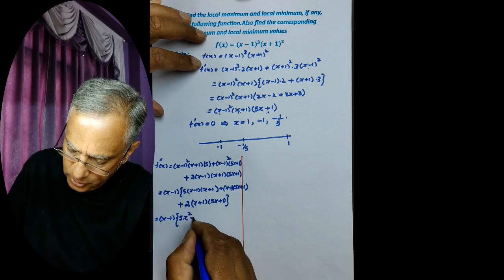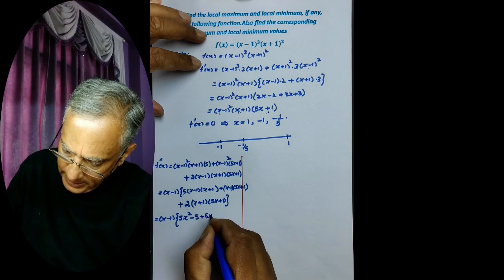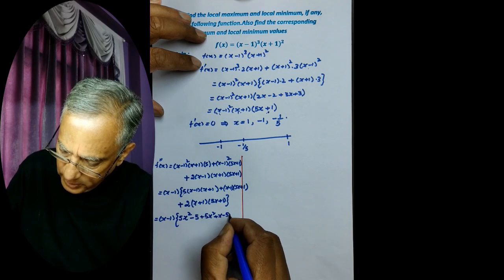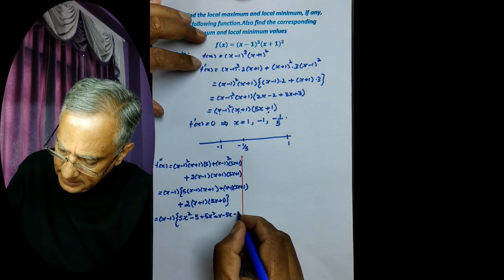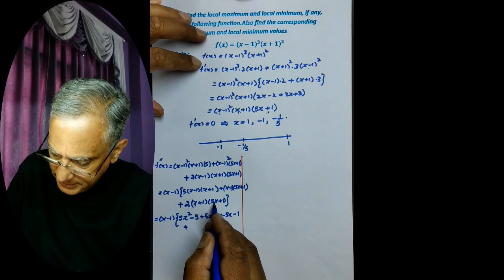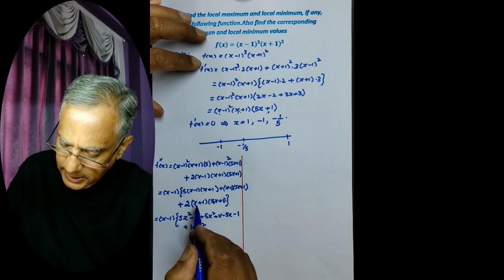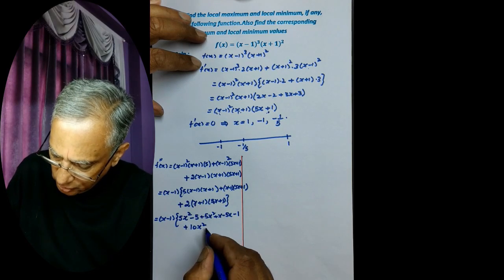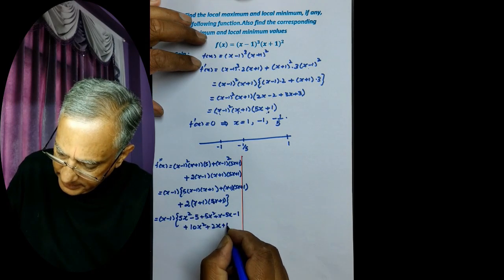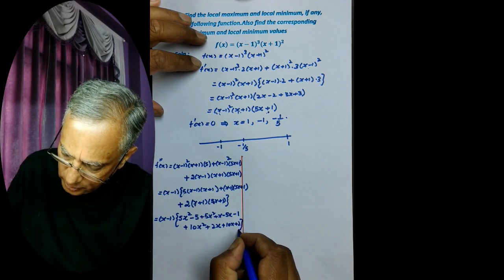So this would be 5x square minus 5, and simplify this, we get 5x square. x into this is 5x square plus x, minus 5x minus 1, plus 2 into this. x into 5x is 5x square. 5x square into 2 is 10x square. x into this is x, so multiplying by 2, we get 2x. This will be 5x, multiplying by 2, we get 10x. Plus 1 into 2 is plus 2.